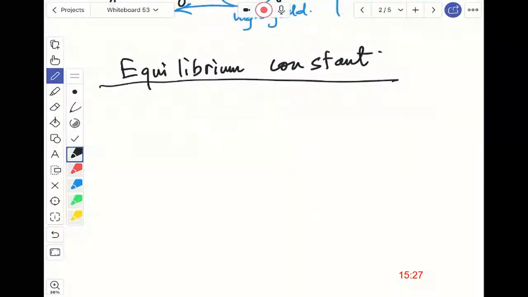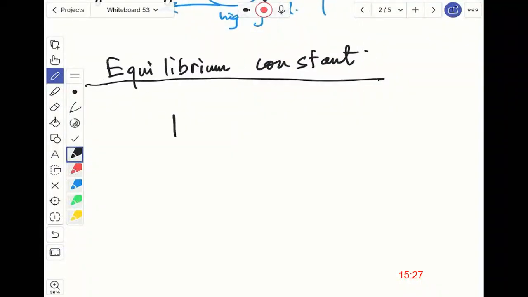The equilibrium constant looks at the product, and when I use the word product over here, I'm not using the word product in the chemical sense, I'm using the word product in the mathematical sense where product means multiplication.